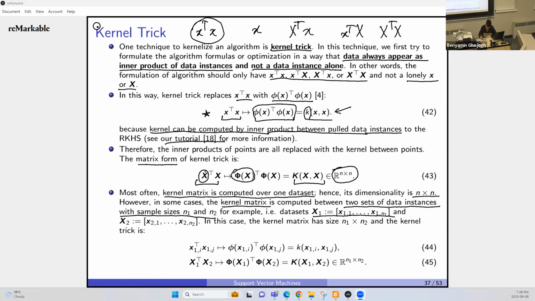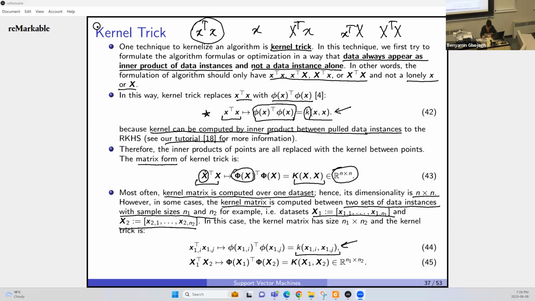By the kernel trick, we can have the kernel or similarity between every pair of points from data set 1 and data set 2.